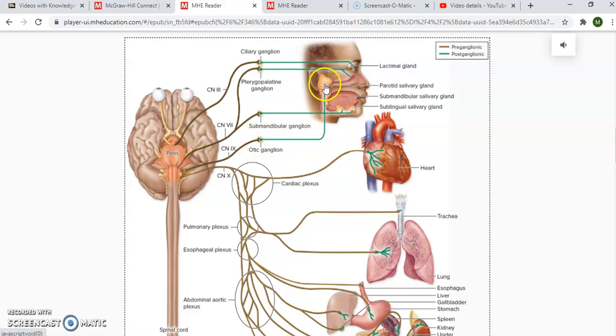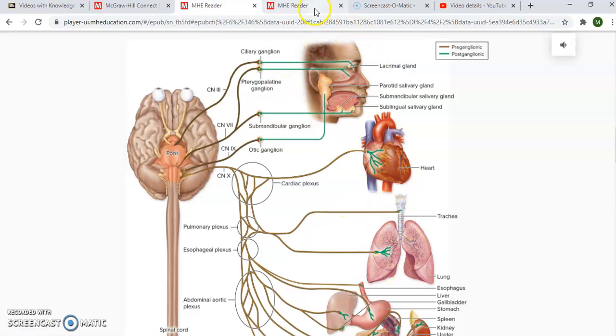So this is closer to salivary glands. Some of them are so close to the effector organs, they're actually in the wall of the effector organs, in this case for these two. Because they have those longer preganglionic motor neurons, their autonomic ganglion is usually closer to the effector organs. So the cardiac muscles, smooth muscles, and glands.